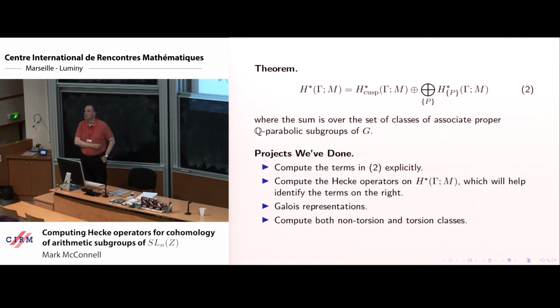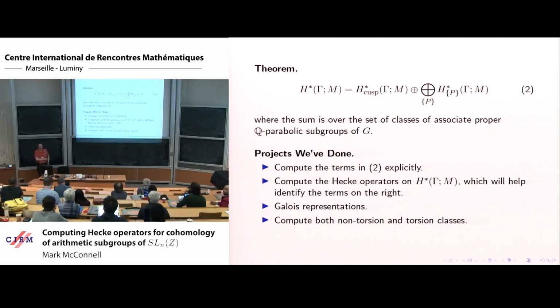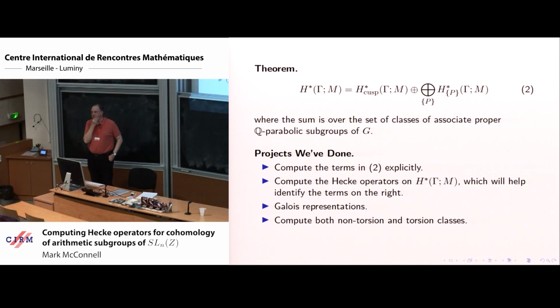Excuse me? So how do you define cuspidal? So your coefficient system is a rational vector space. So your cohomology groups are rational vector spaces. So what is cuspidal? That's right. So I'm taking all of Franke's work on automorphic forms, and then we're restricting it to cuspidal automorphic forms, and then bringing that down to cohomology.